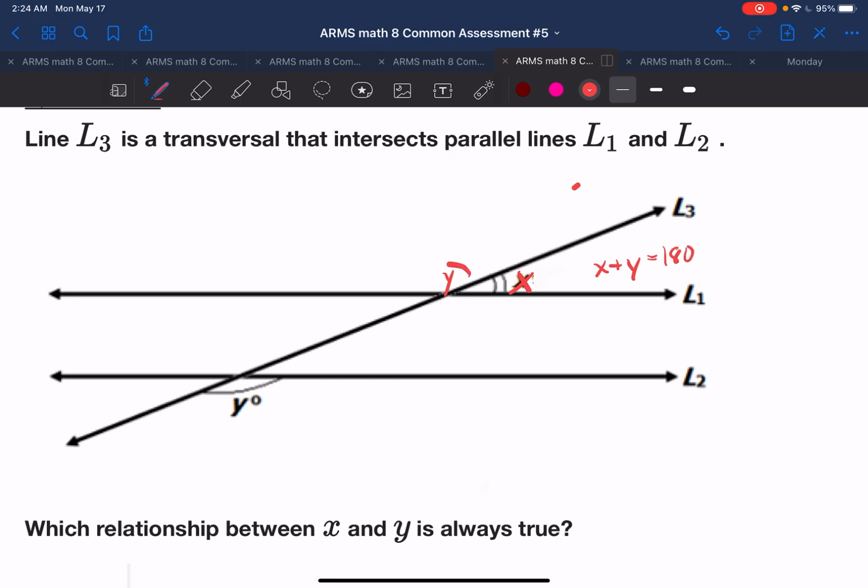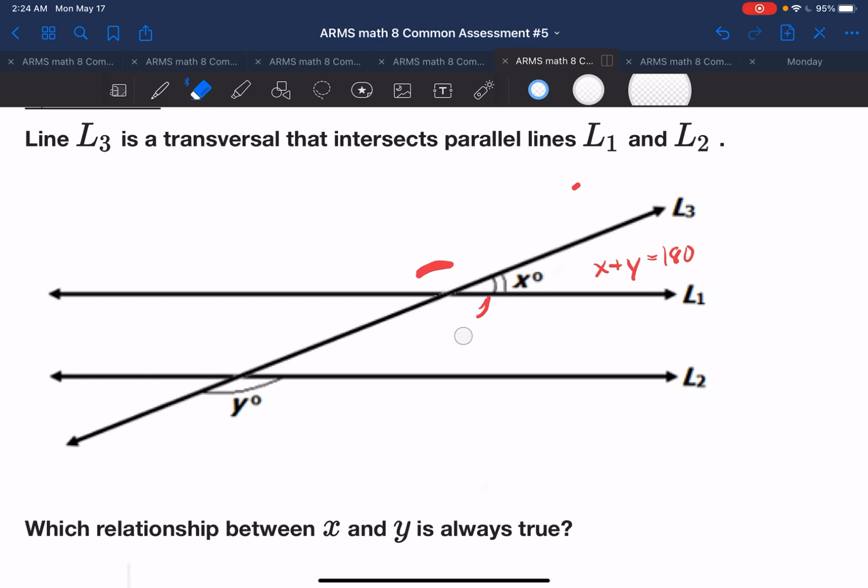That means Y, and we can call this one X also, right? Those are going to equal 180. And then that means this X right here and this are going to equal 180. And this are going to equal 180. So the two next to each other always equal 180.